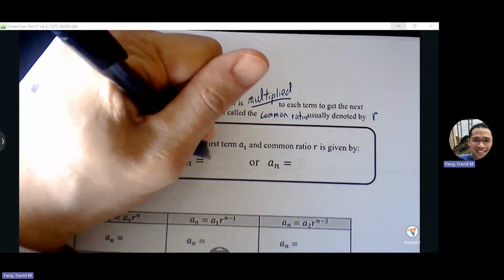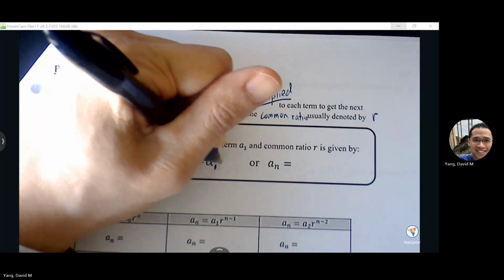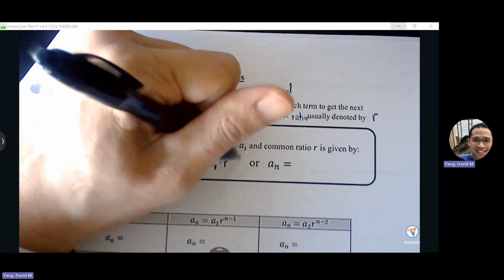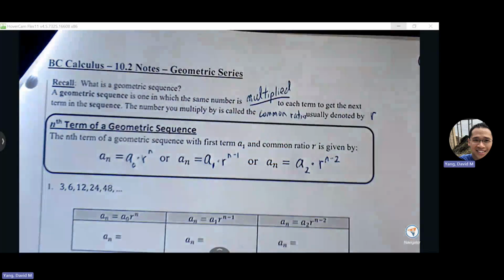Or we can start off with the first term, a sub 1 times r to the n minus 1. Or I can start at the subsequent term and multiply by r to the n minus 2.